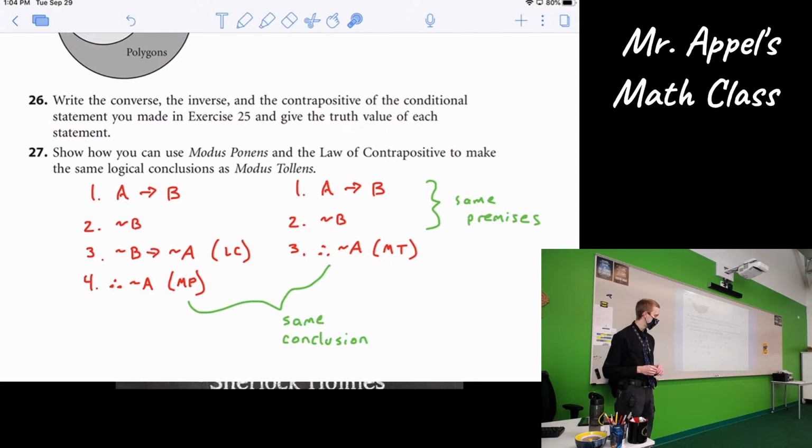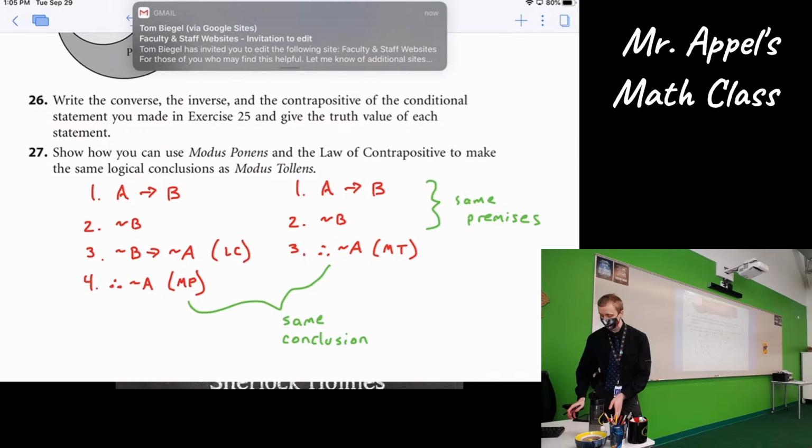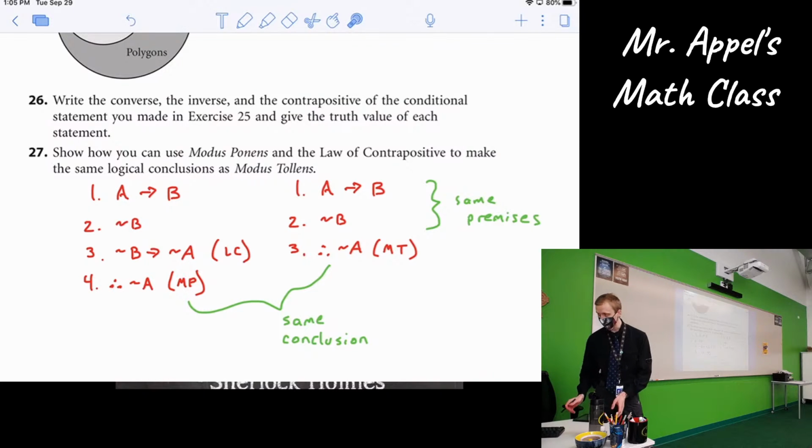What questions do you have on that page? All right, if there are no questions, then let's go to the quizzes.